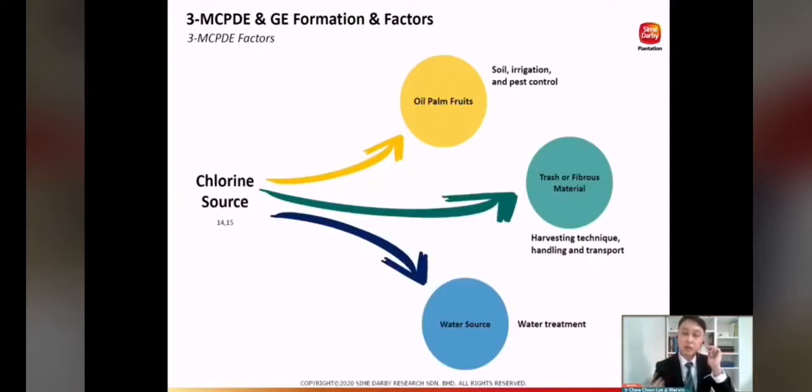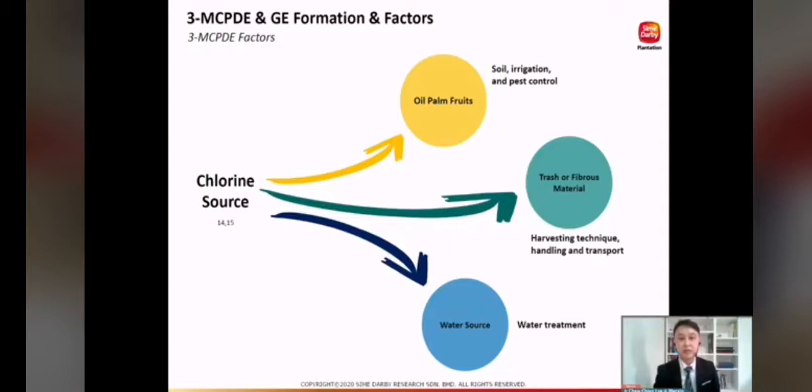Next. As we know now that chlorine is the precursor for the 3-MCPDEs, we need to identify what is the source of the chlorine. I break this part into 3 parts. The first is the palm oil fruits. The possible chlorine source in the palm oil fruits is possibly due to the soil irrigation or even pest control chemical use.